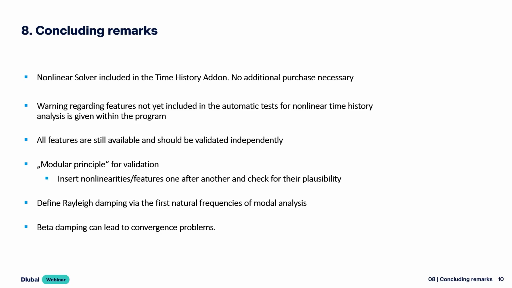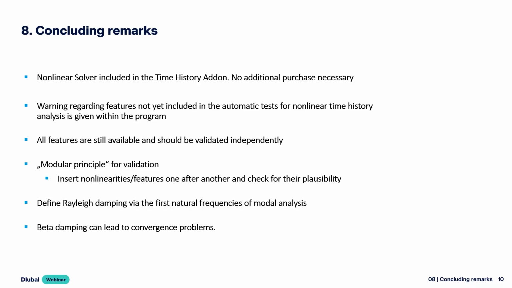Then the Rayleigh damping can be defined with the first natural frequencies from the modal analysis. That's better defined in the linear time history webinar for bridges. For nonlinear, you should also account for stiffness reductions and so on with the modal analysis structure modification.